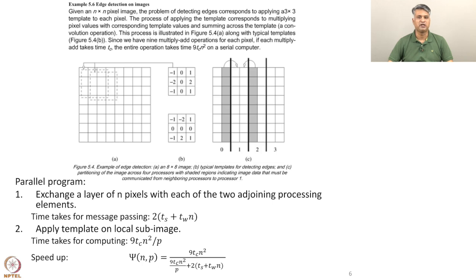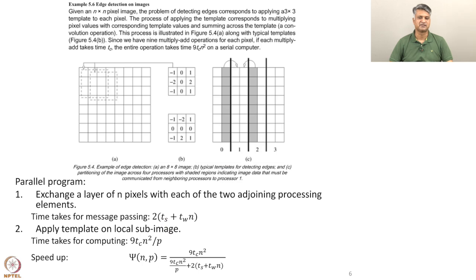The time to pass the messages is 2(ts + tw n). And the time to compute the local subimage is 9 tc n^2/p, n^2 being the whole picture and p the total number of processors available.